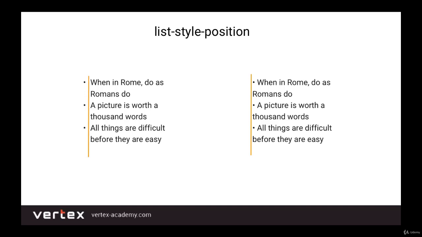And we can do this by using the property list-style-position. This property has two values: outside, to place the markers outside the line, and inside, to place the markers on the inside. And now, let's look how the properties we just learned work in practice.